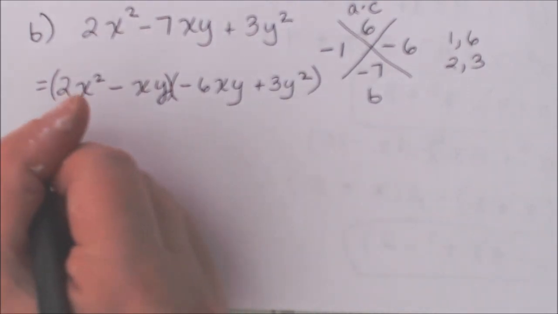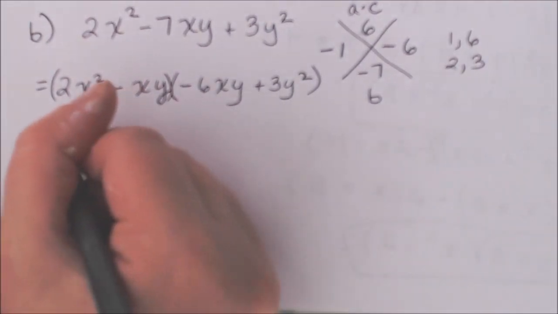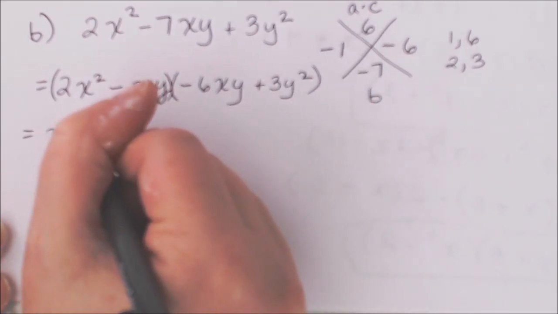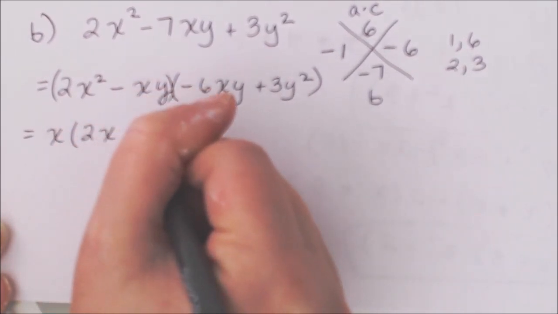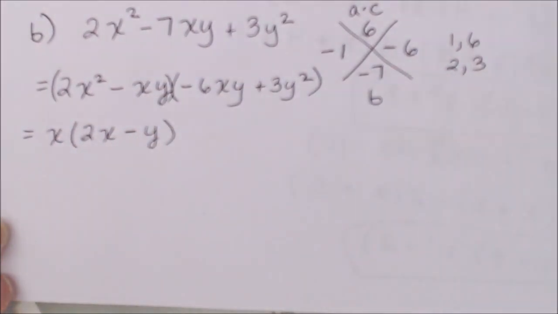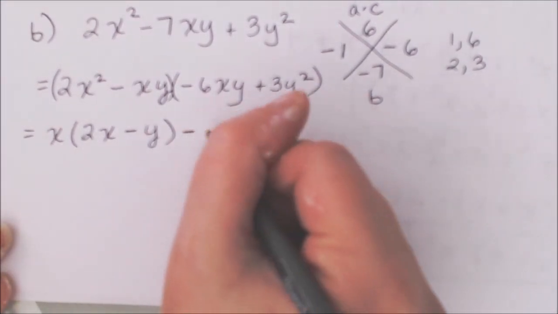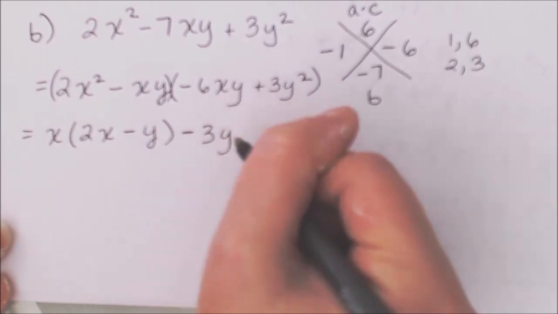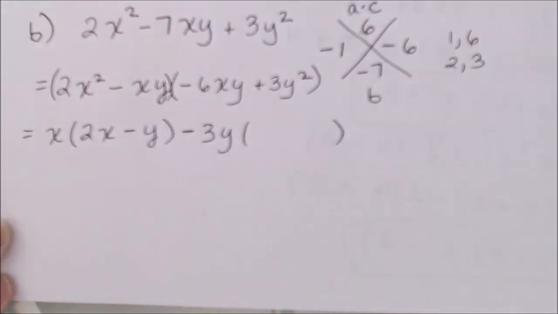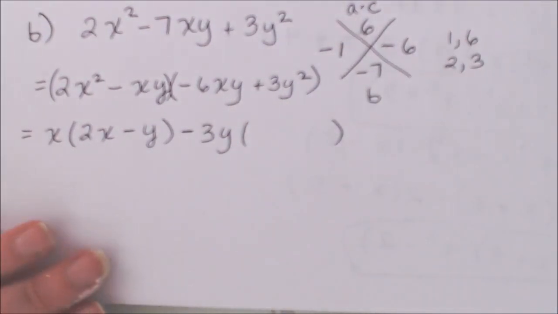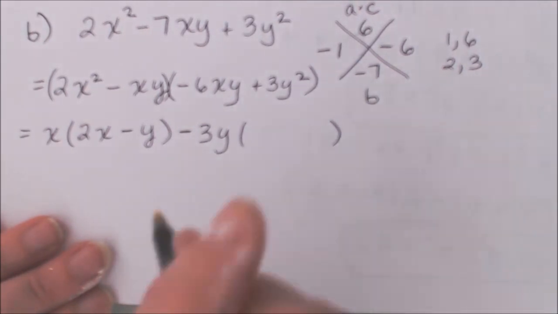So the GCF for the first set of parentheses is just x. So I'm going to take out an x, and that leaves me with 2x minus y. For the second set of parentheses, I've got a negative, so I'm going to take out the negative. They also have a 3, and they have a y in common. So what would I need to multiply negative 3y by to give me negative 6xy?